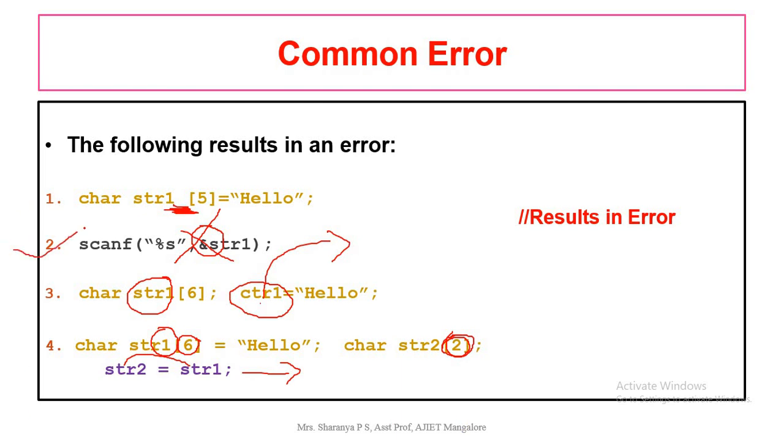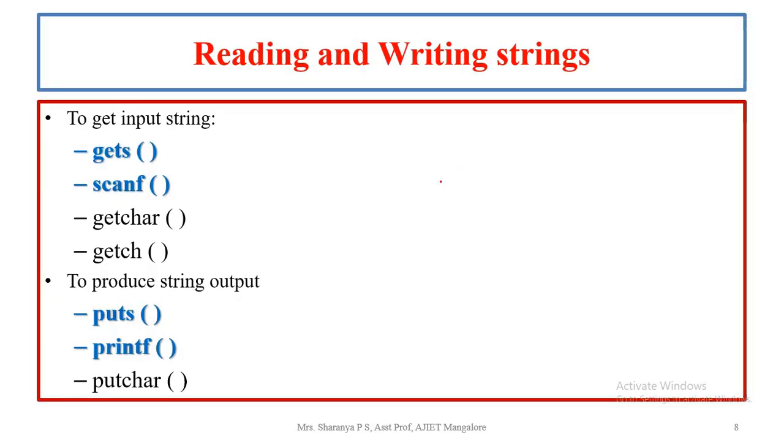Majorly, the second point mentioned here is with respect to scanf. With practice, we will try to write the ampersand when we mention the string name. Next, how can we read or write strings? Some input functions that we use to read or input strings are gets, scanf, getchar and getch.